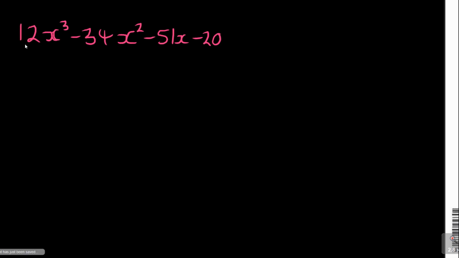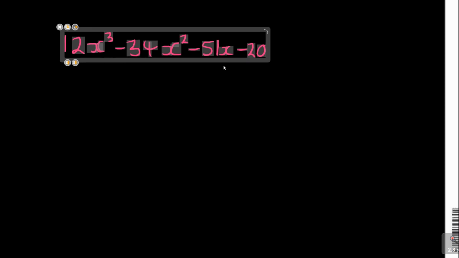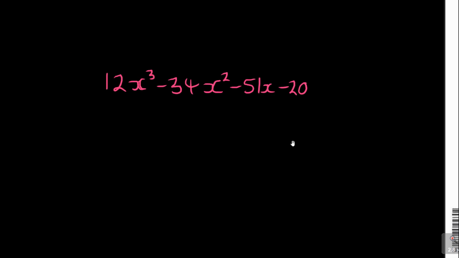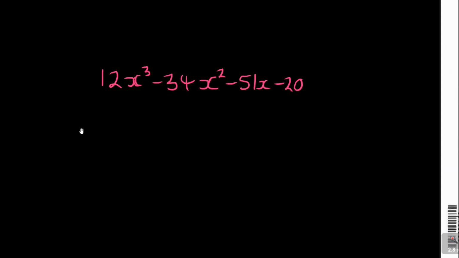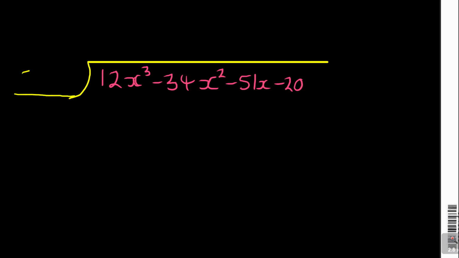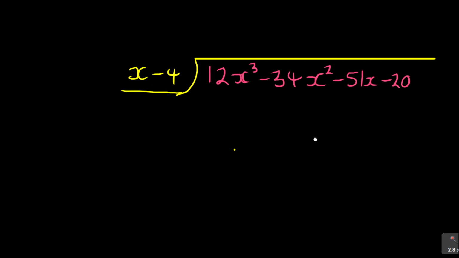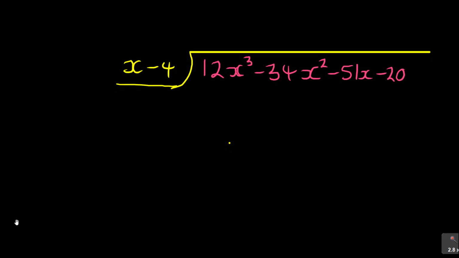You're going to divide it by x minus 4. So you take that and say, I'm going to divide this thing by x minus 4. Okay, so how do you work this kind of a problem? Look at this. This is what you're doing.